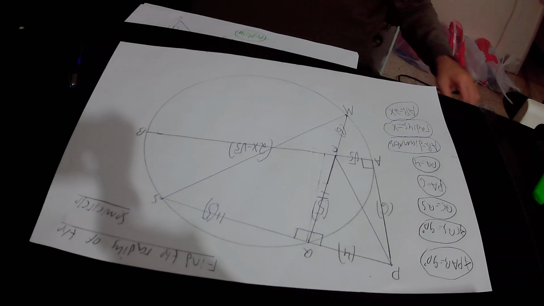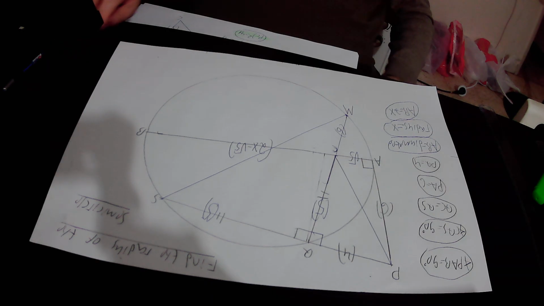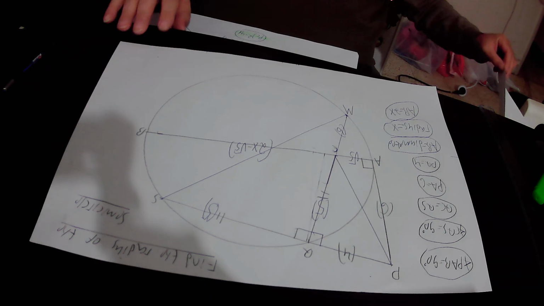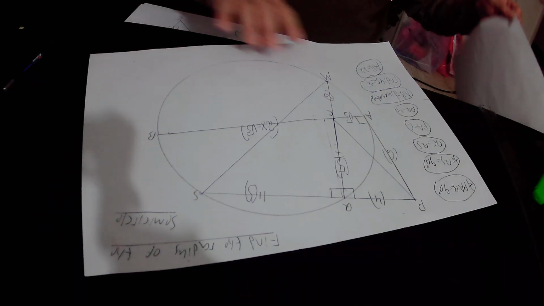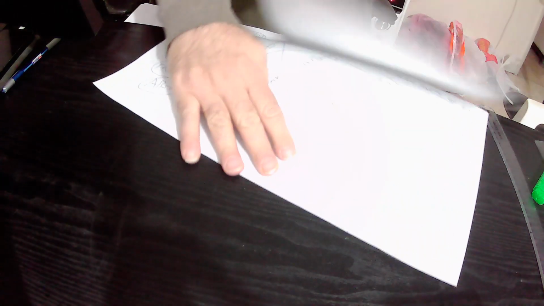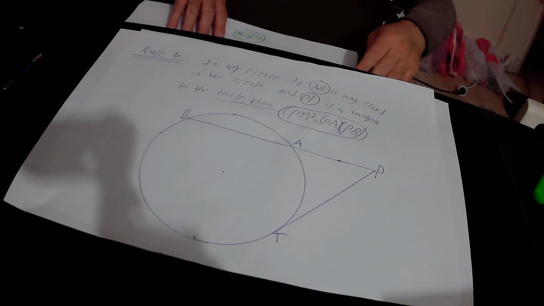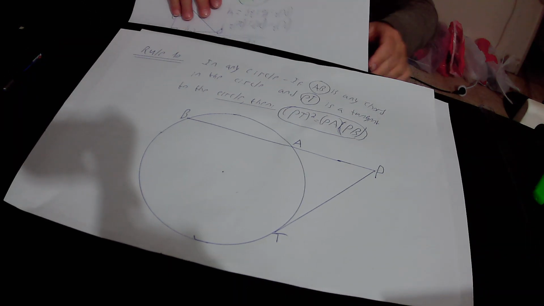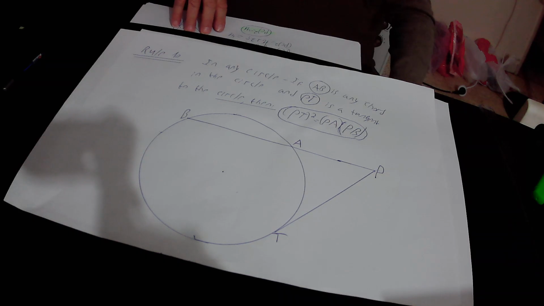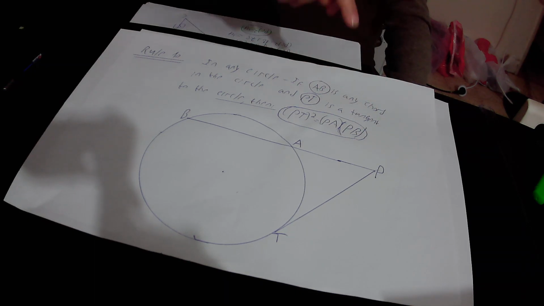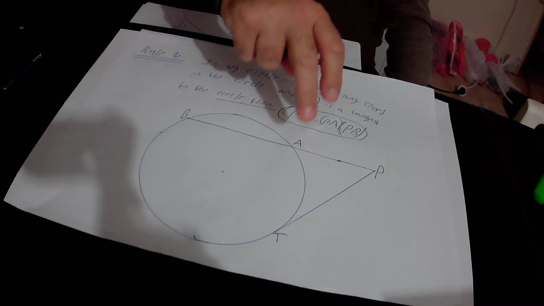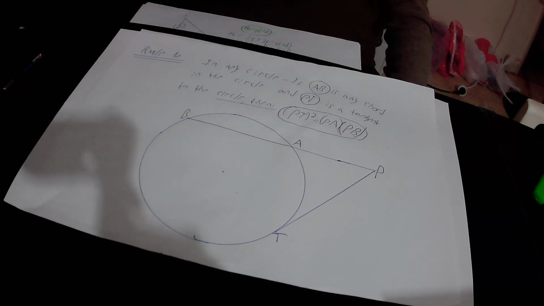So first of all, I presented to you a new rule. We implemented the new rule in our drawing. The new rule is rule number 10. Rule number 10 is about if we have a common external point, point P. Point P is a common external point in relation to this circle.